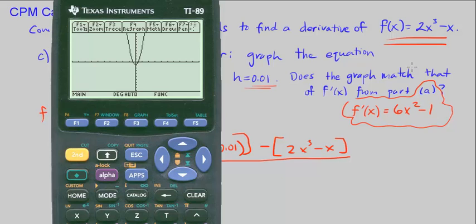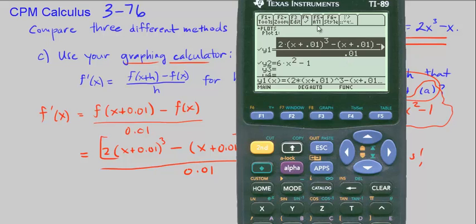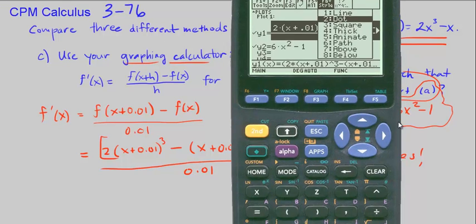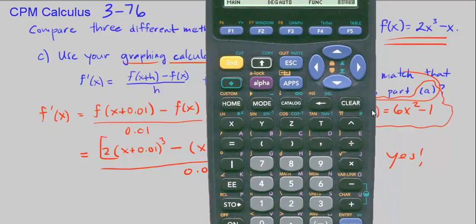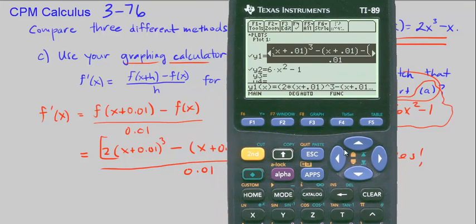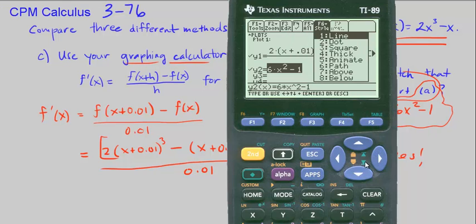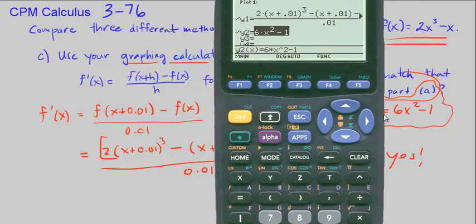Does the graph match that from part A? Yes, right? Well, how can we know that for sure? Well, let's go back to our y equals, and in our calculator we can change the style, right? If we go up to F6, let's make this one appear thicker, right? And let's make this one appear like a dot. Okay.